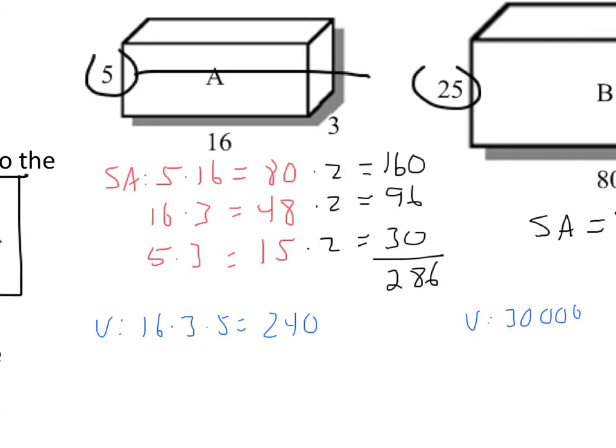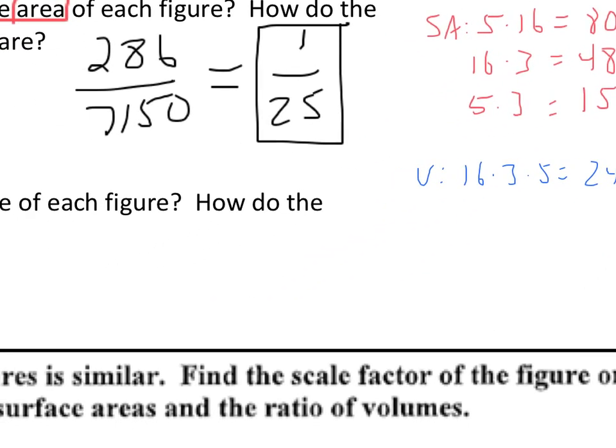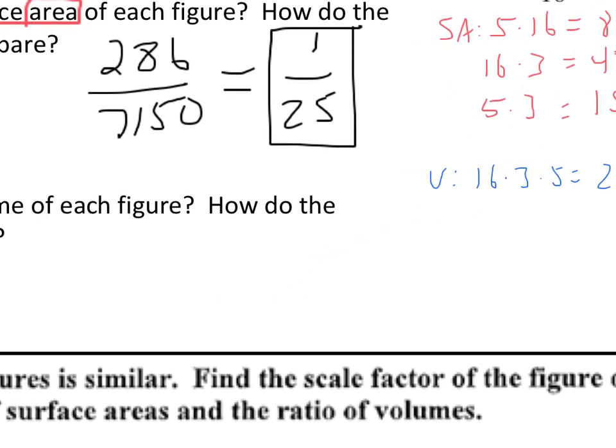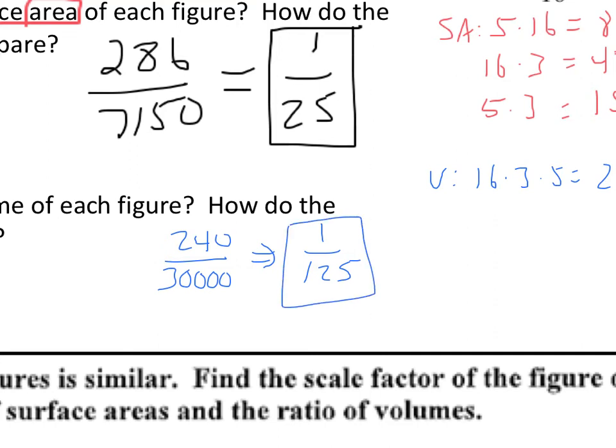So a ratio of volumes would be 240 over 30,000. And if you reduce that, you get 1 over 125. Now remember, in units, volume are cubed.